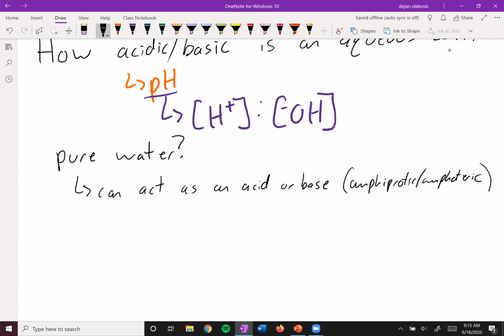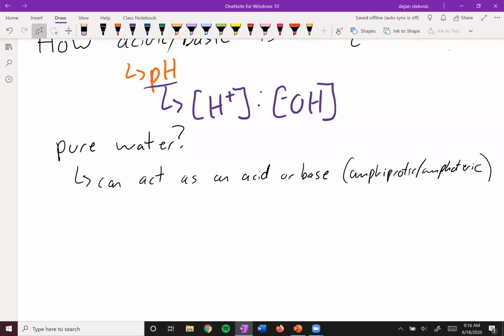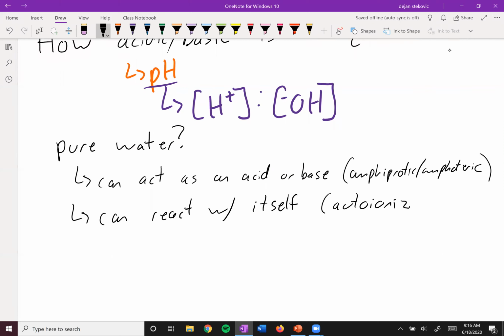And since water can act as an acid or a base, it can actually react with itself. This is called autoionization, because it's ionizing itself.